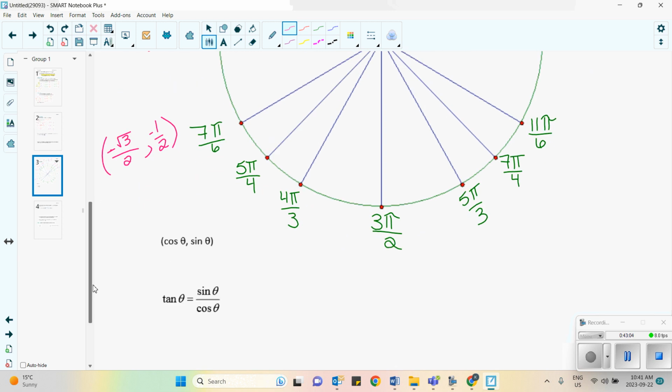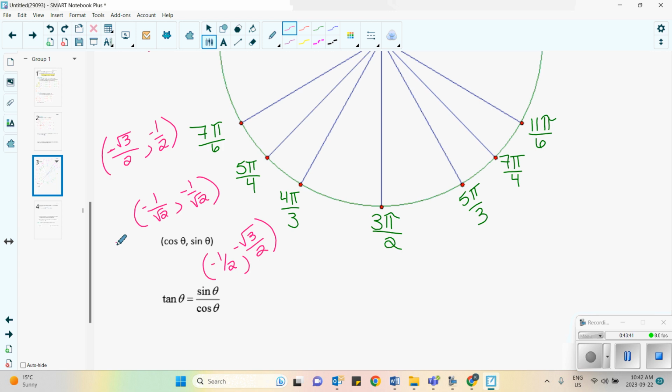Denominator of 4. Negative 1 over root 2, negative 1 over root 2. Denominator of 3. Are you guys getting to see the pattern? The pattern keeps following all the way through, so it makes it repeatable, and you can math it out.